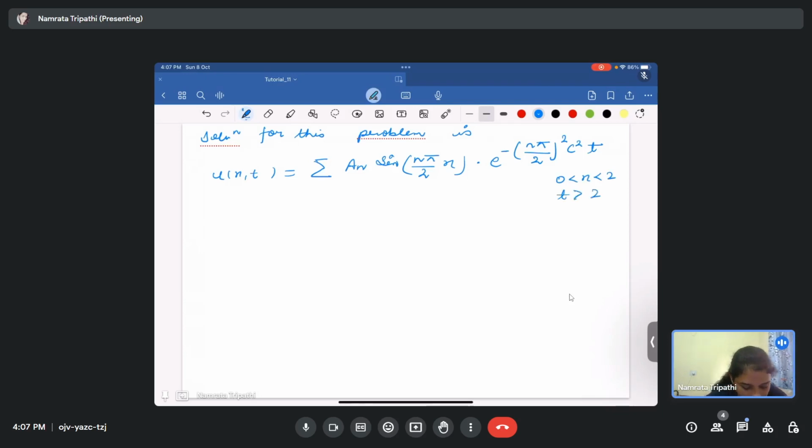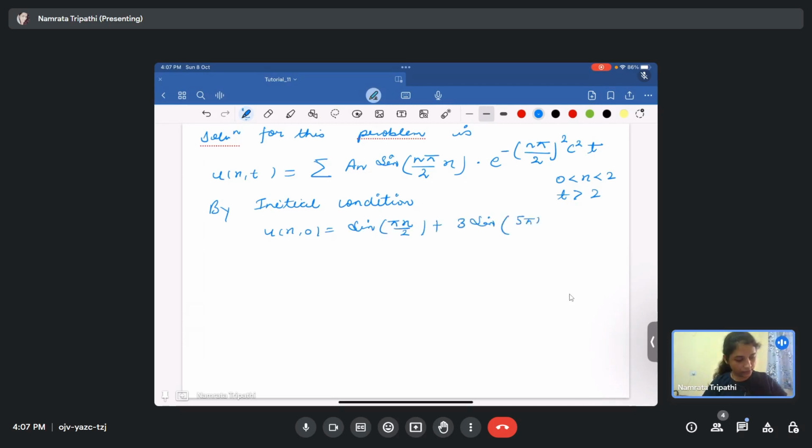Now by using initial condition we have to calculate An. What is initial condition? Initial condition is given: sine pi x upon 2 plus 3 sine 5 pi x upon 2.